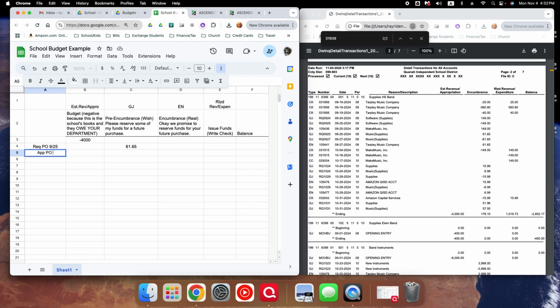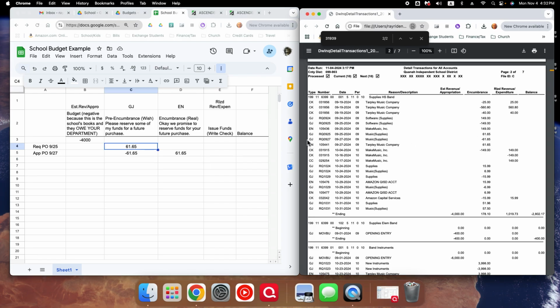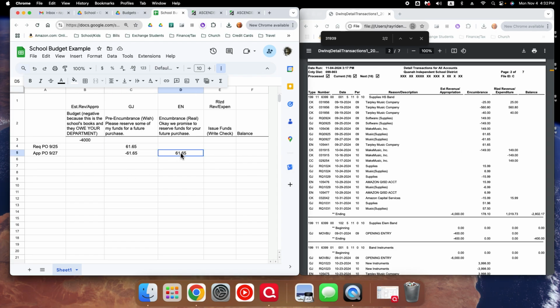Approved PO on 9/27. So they had to take it out of here, minus 6165, put it into this column, 6165, make it a positive. Look here. So we had the positive. There's the positive. Here's the negative journal. That was General Journal, negative. Great. And then they encumbered it, positive, there.